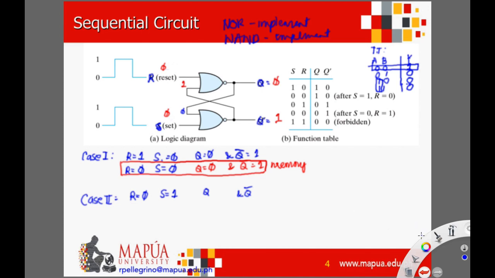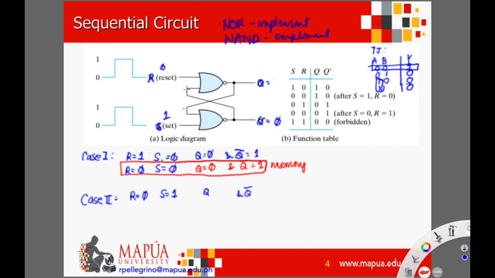So in this case, we have R equal to 0 and S equal to 1. As you can see, whenever there is a value of 1, it means Q is equal to 0.